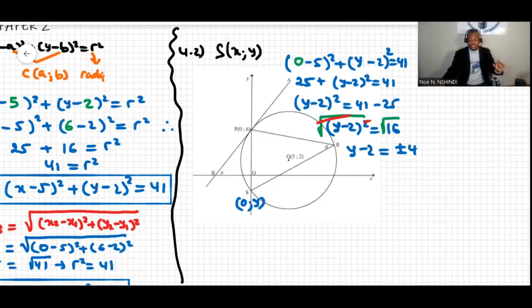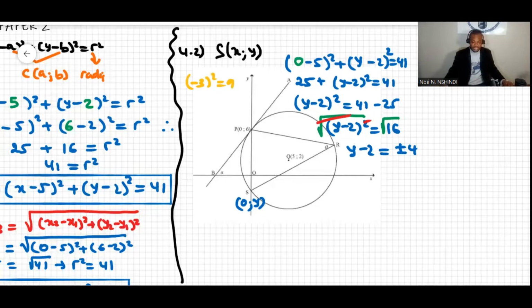Remember that whenever you square root within an equation, we must always keep the positive and negative sign in front of the constant. I give you a clue. Let's say if I ask you what is negative 3 to the power of 2, you tell me this is equal to 9.